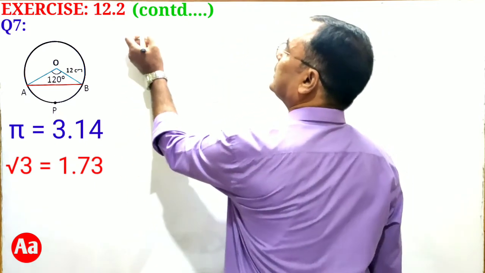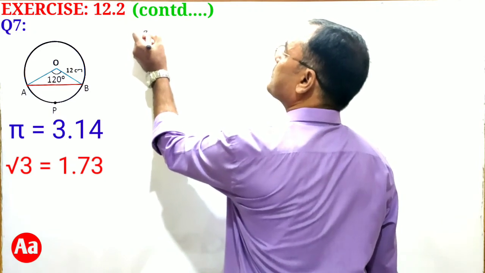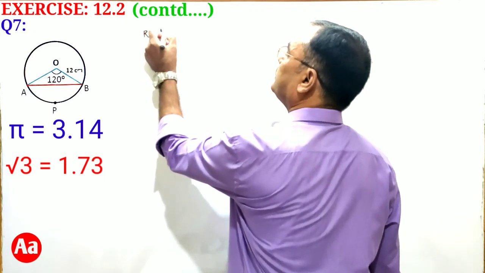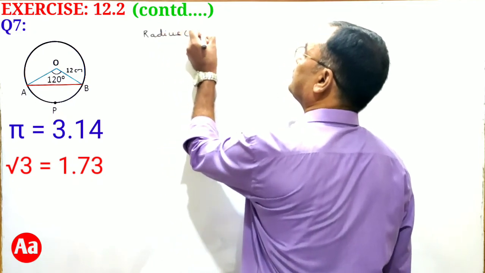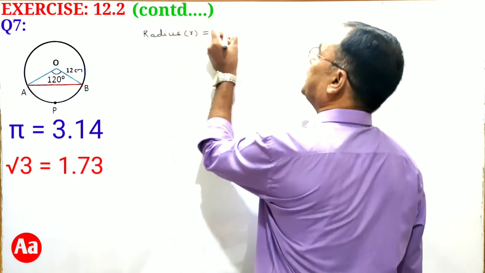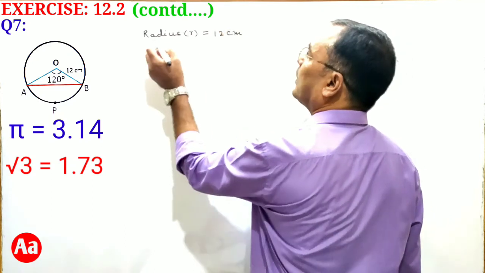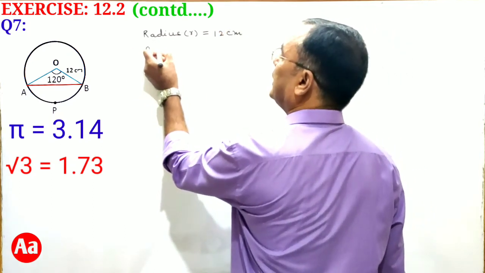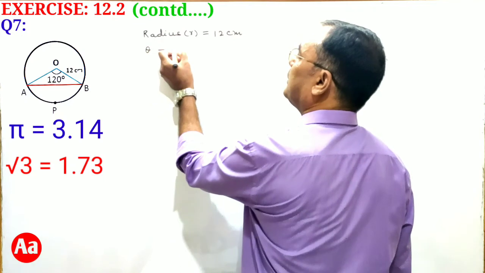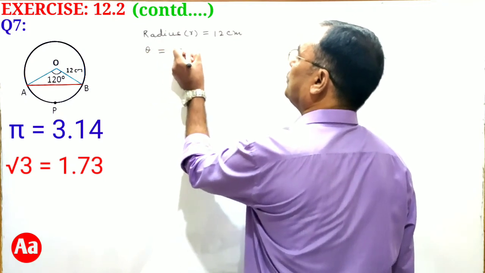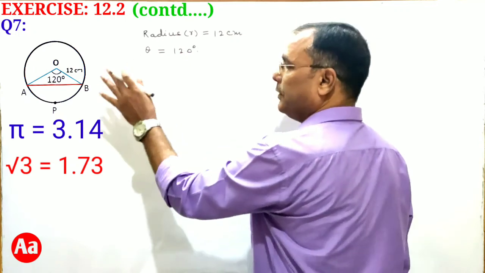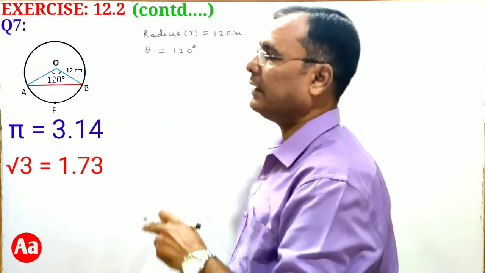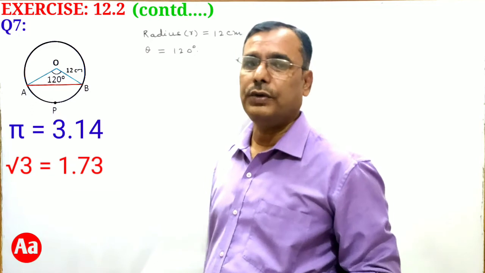So radius is given 12 centimeter and sector angle theta is given 120 degrees. First we'll calculate the area of sector OAPB.